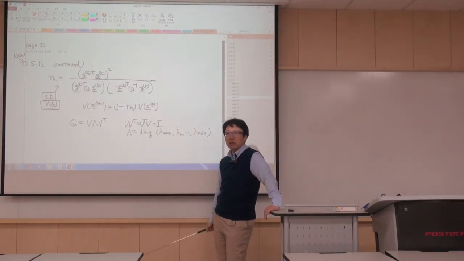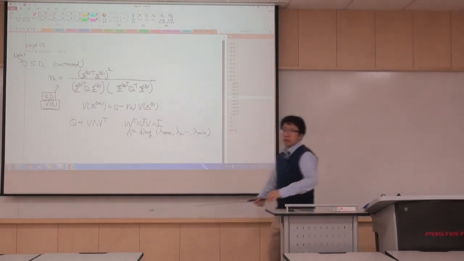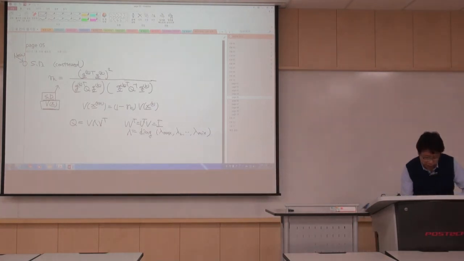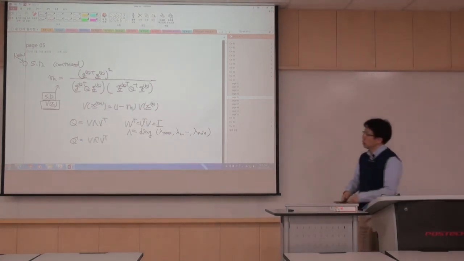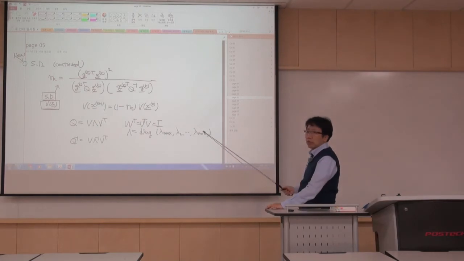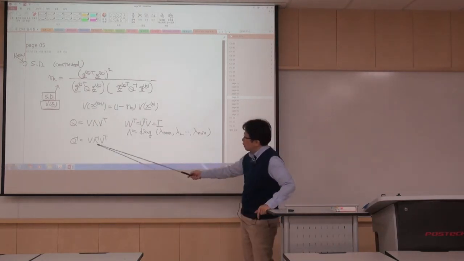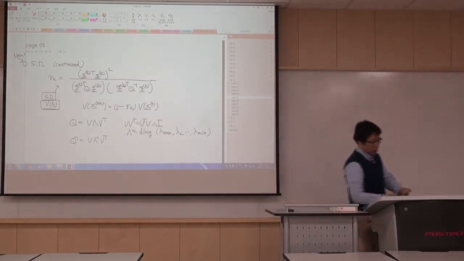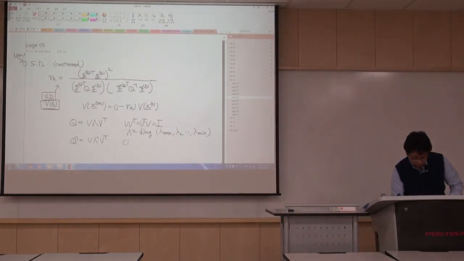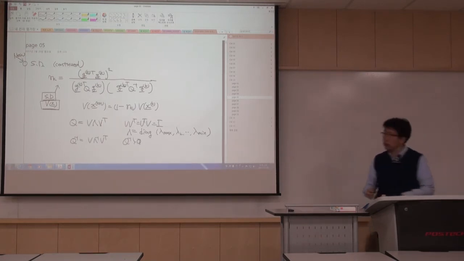Is it a positive definite matrix? And what are the eigenvalues? You can easily show that Q inverse is simply V lambda inverse V transpose. What does that mean? Inverse of these eigenvalues replaces this one. So again, Q inverse is positive definite. What does that mean?